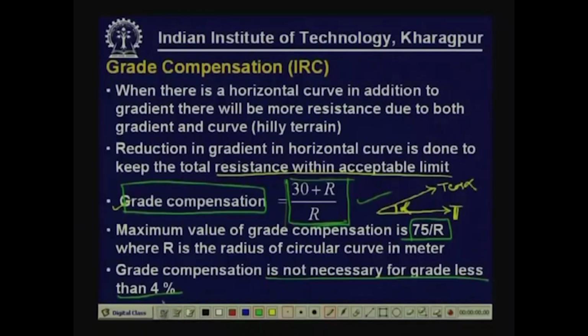So, when we are calculating the compensated grade, if the theoretical calculation shows a grade less than 4%, we can only go up to 4%. It need not be eased below a 4% gradient. That is the grade compensation part.